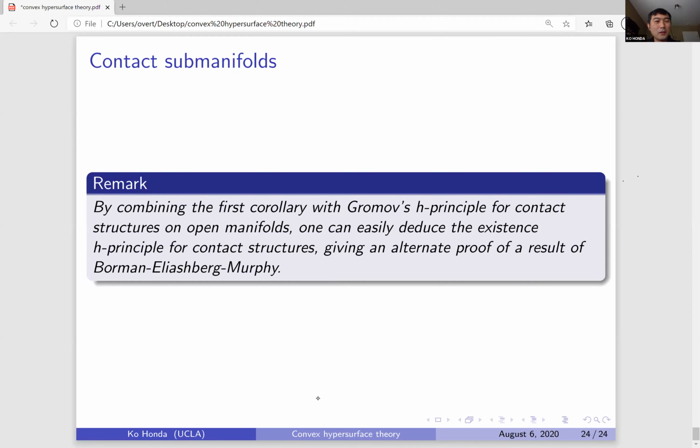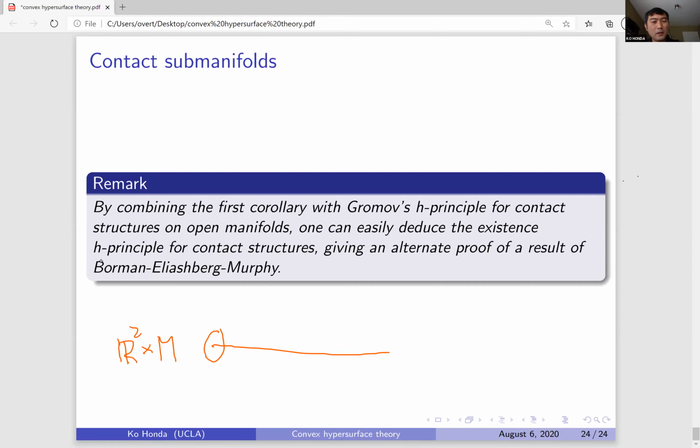If you combine the first corollary with Gromov's h-principle for contact structures on open manifolds, you can easily deduce the existence h-principle for contact structures, giving an alternate proof of the existence h-principle due to Borman, Eliashberg, Murphy. So the sketch is the following. You have your manifold M, which is almost contact, and you want to realize it as a contact manifold. The obvious thing is to cross it with R2.